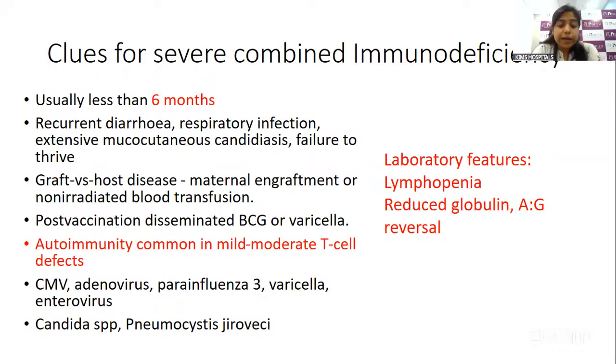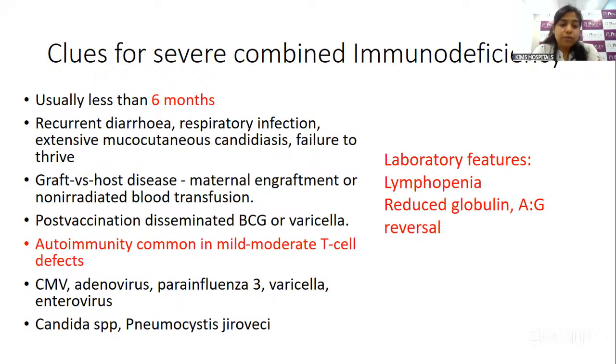In milder or moderate forms of T cell defects, they can have autoimmunity in the form of ITP, Evans syndrome, arthritis, like the case we had with vitiligo. These patients have increased predisposition to viral infections like CMV, adenovirus, parainfluenza virus, varicella virus, and enterovirus.